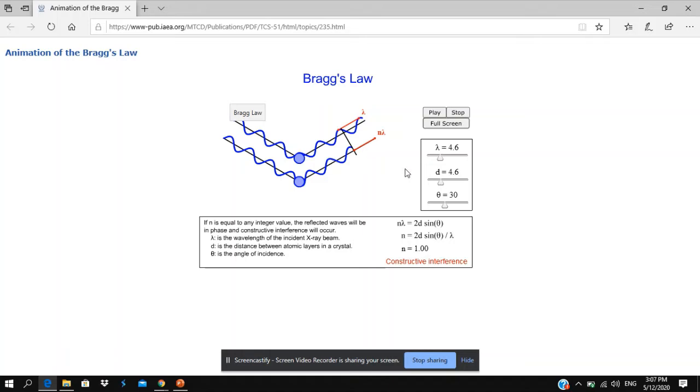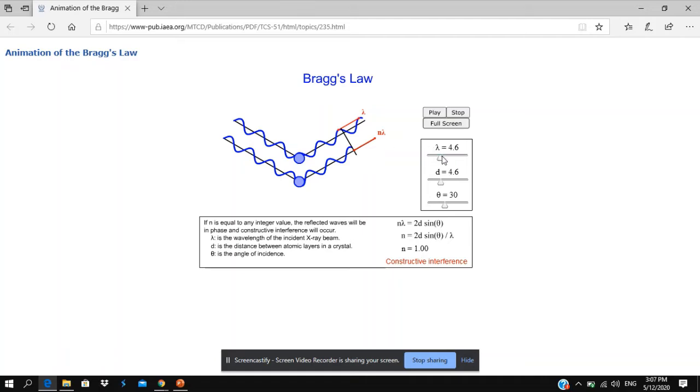The simulator begins with the scattered rays in phase and interfering constructively. You look at here and note that the peaks and troughs of the beams are aligned, which is the same, and it makes a constructive interference.